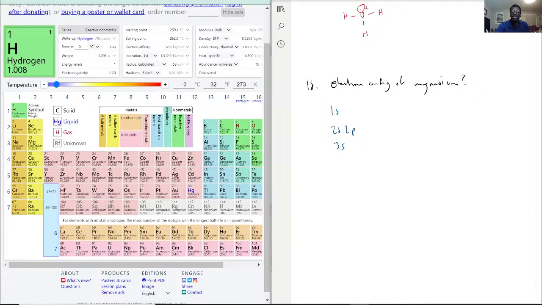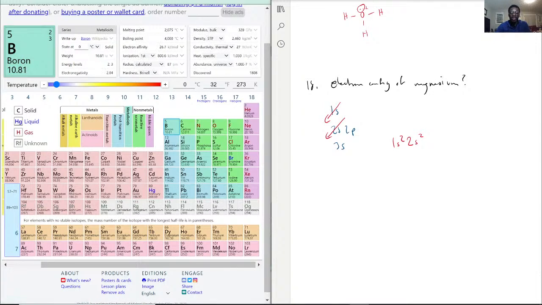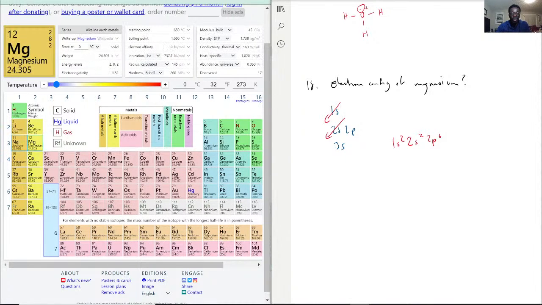Reason being is that 1s, we blow right past hydrogen and helium, so we're done. And then 2s, we're past lithium and beryllium. So right now we have 1s2, 2s2, because those are checked off. And we're also gone past boron through neon, so that'd be 2p6, and then we actually stop at 3s2.